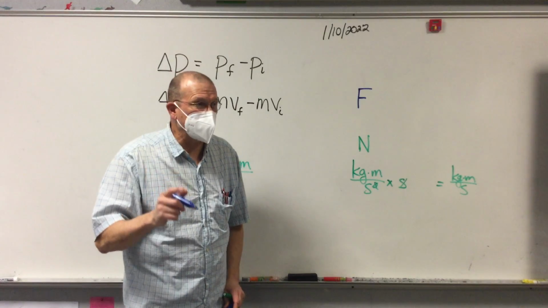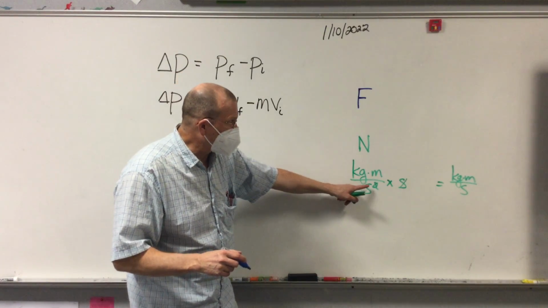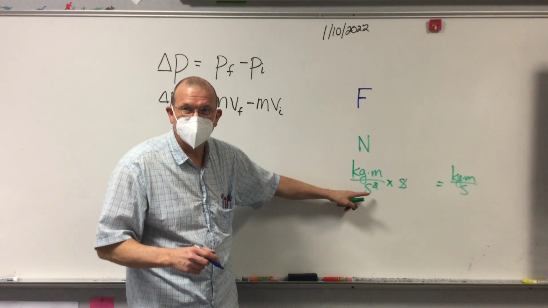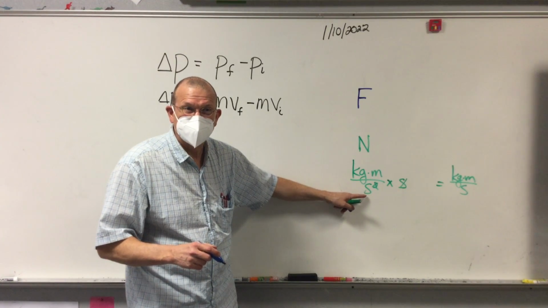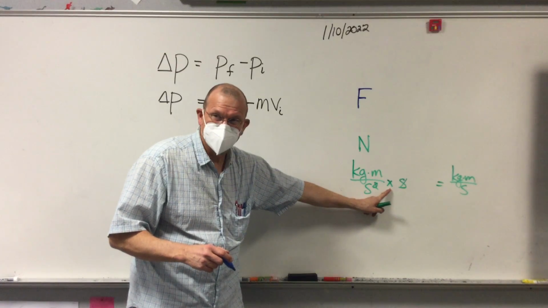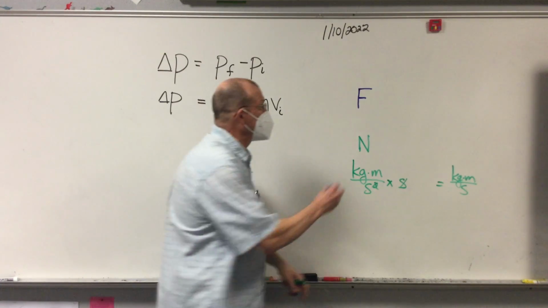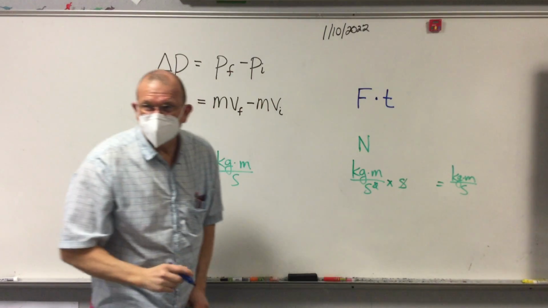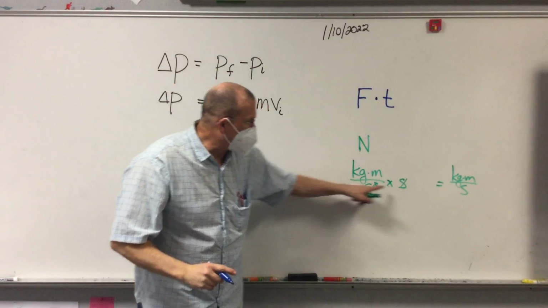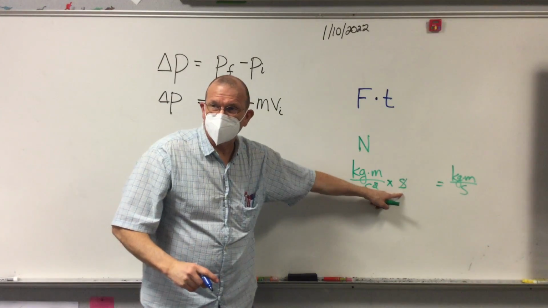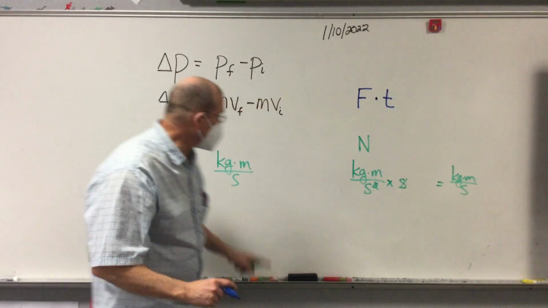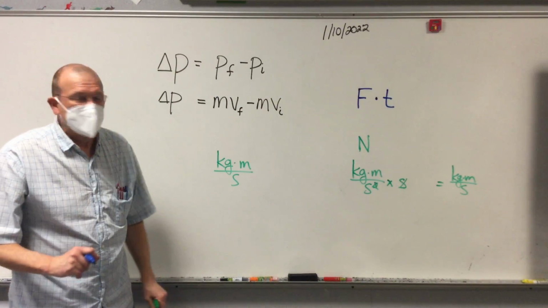Lowercase t. And what are we doing with these two things here, mathematically? Multiplying them. So when we multiply these two things together, we end up getting this exact unit, which is the same thing as momentum.